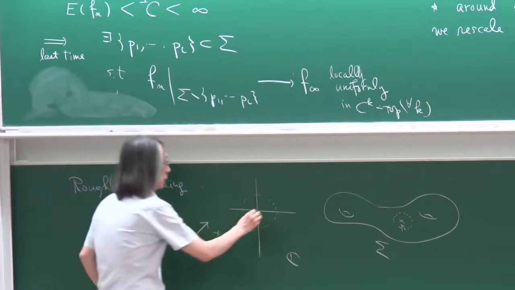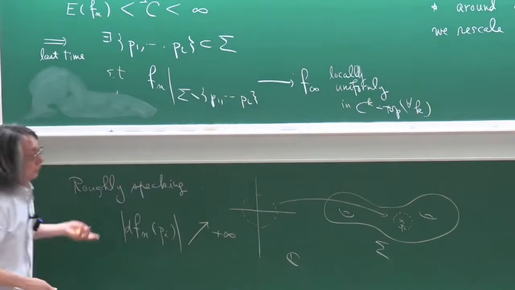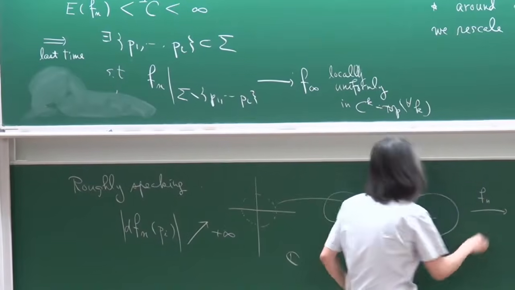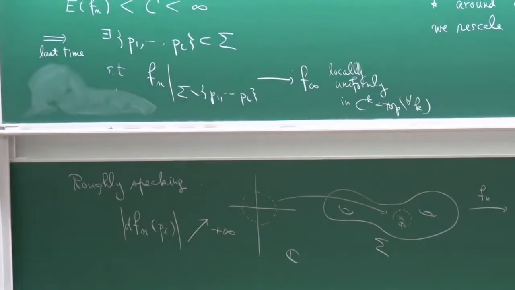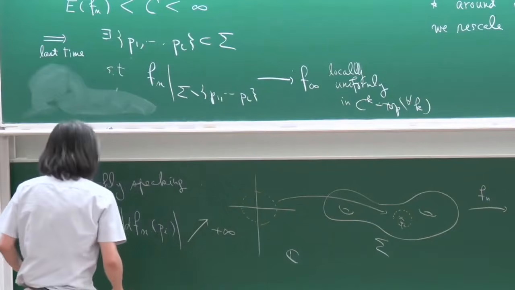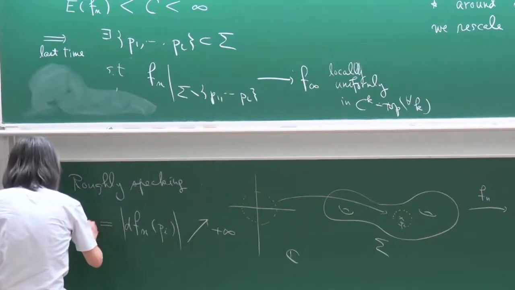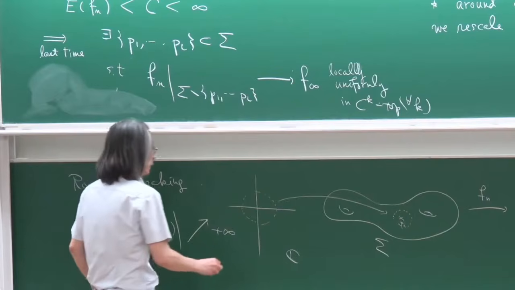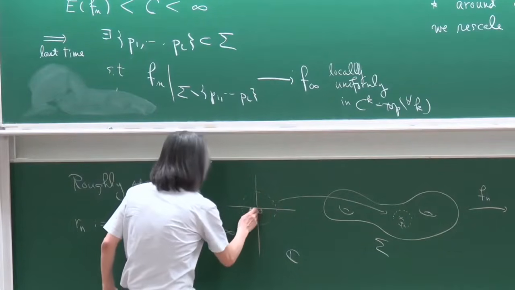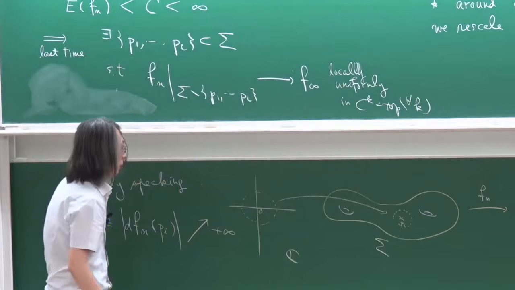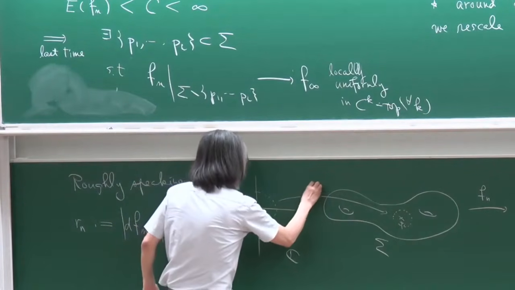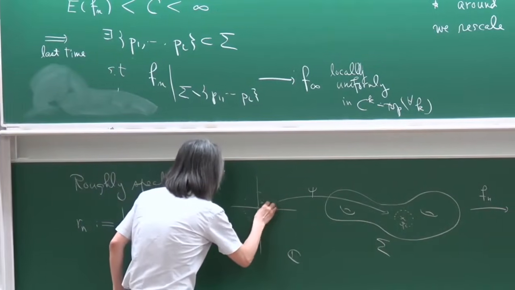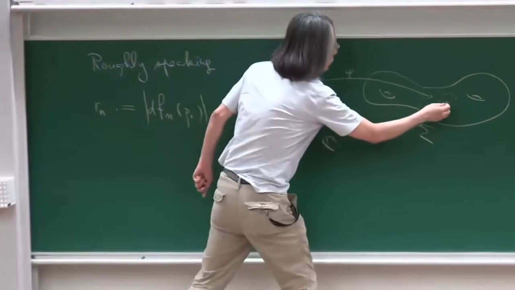And then this one is mapped to this. So this is a coordinate chart. And from here to X, you have this F_n, right? So roughly what we do is the following. So let's take the radius of this disk to be, say, R_n, right? And then here 0 is mapped to this p_i. So maybe I denote the coordinate by psi, coordinates at p_i. And then if I have a point z here, originally this z is mapped to some point here.